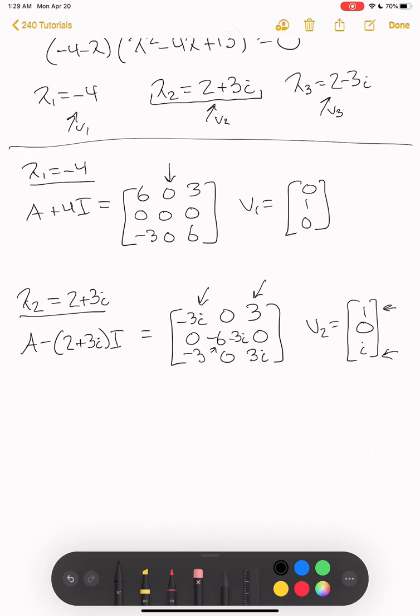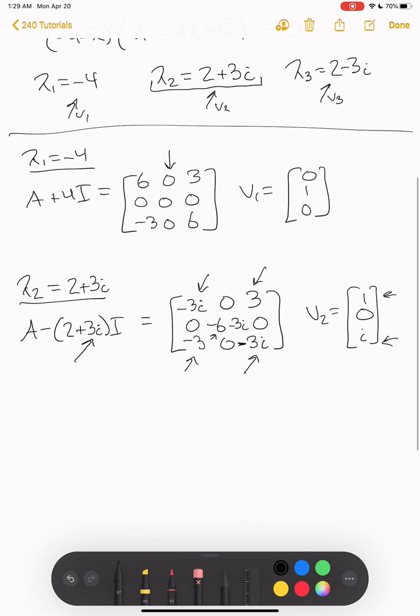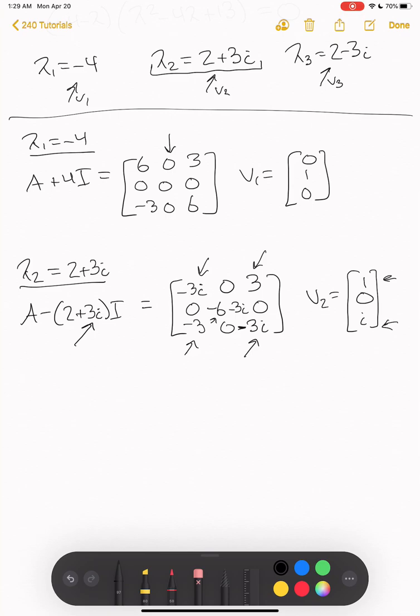Then the bottom row, I have negative 3, and when I multiply this by i I get 3i squared, which gives plus 3, and that gives me 0 as well. Anyway, you get this as your v2.